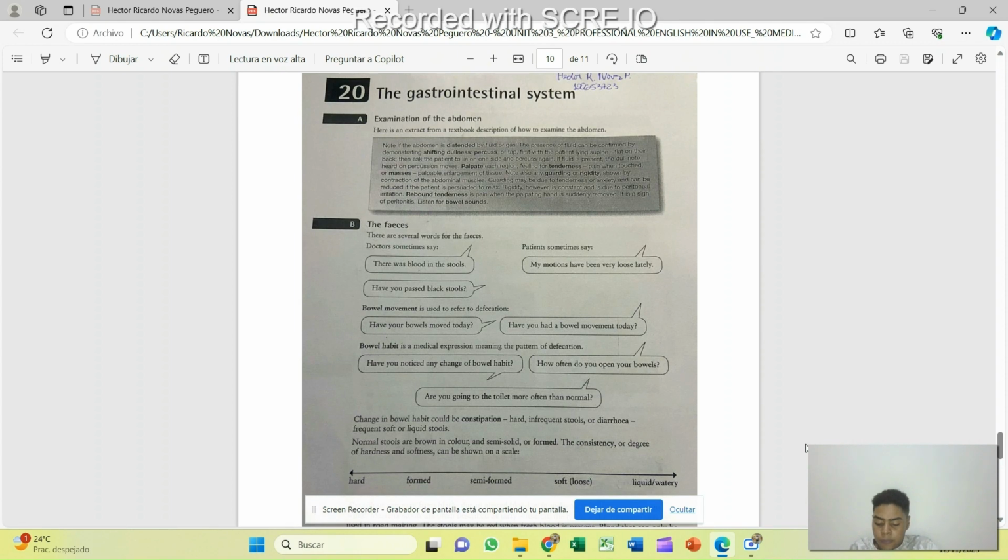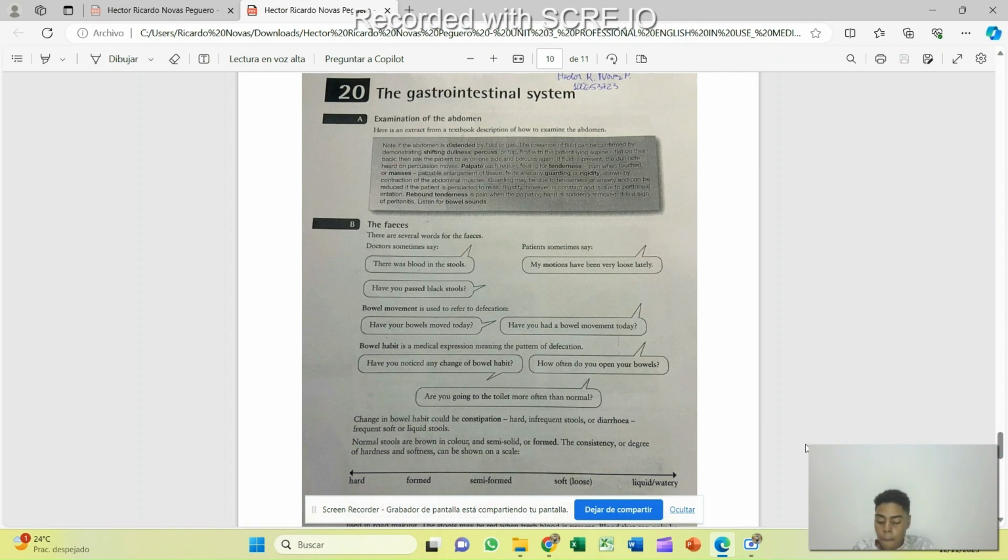Patients sometimes say, my motions have been very loose lately. Bowel movement is used to refer to defecation.